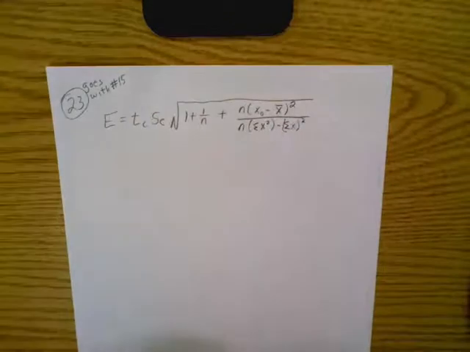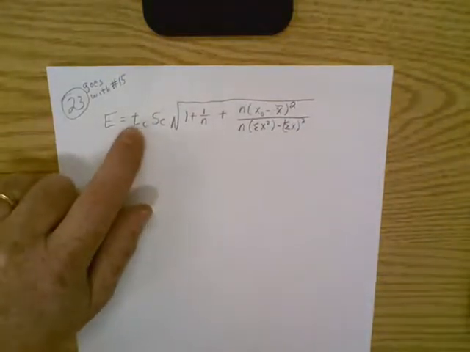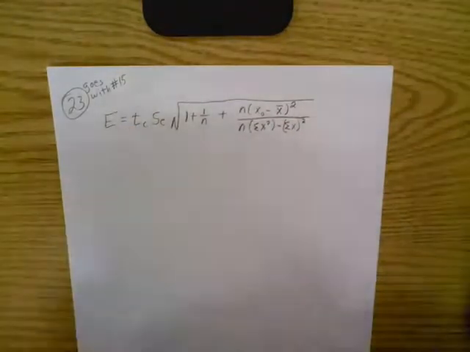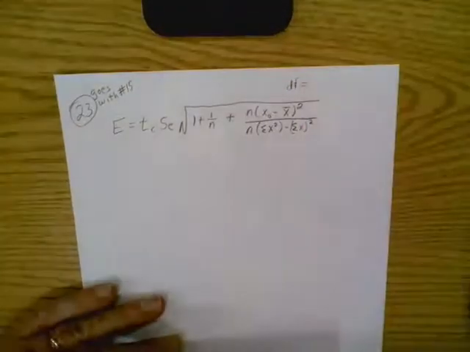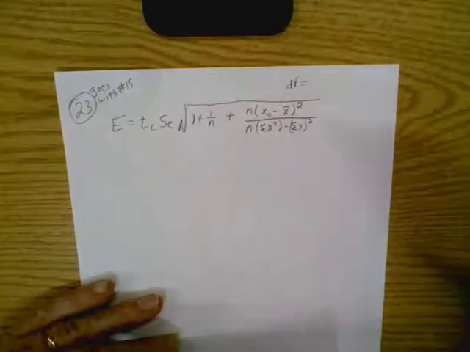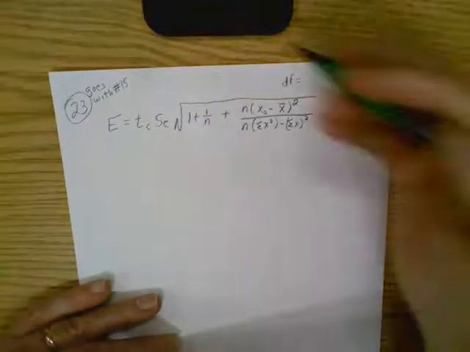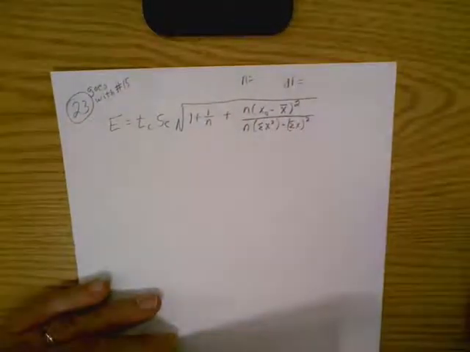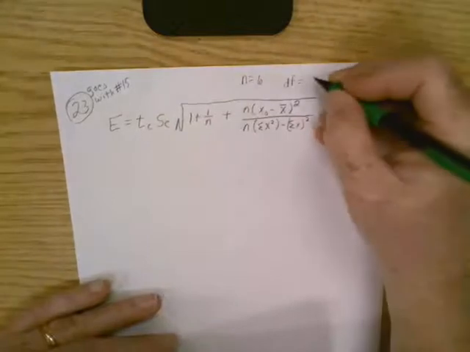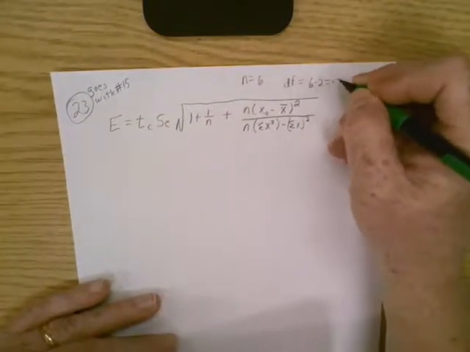The only thing that we don't have is our critical value, which is TC, and we're going to get that by using our degrees of freedom, which for 23, which goes with number 15, our N was 6. So our degrees of freedom are 6 minus 2, which is 4.